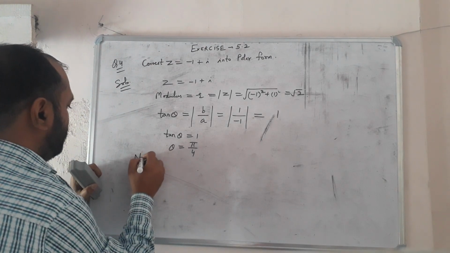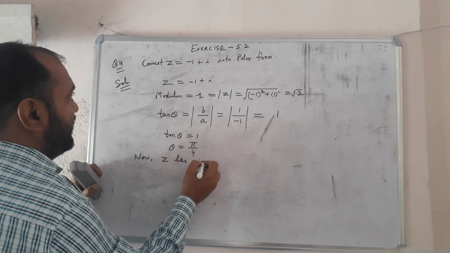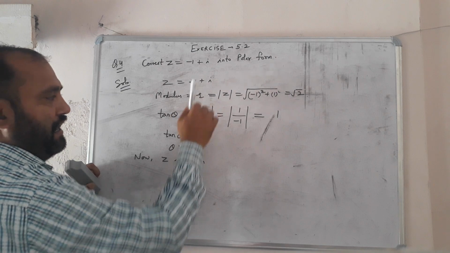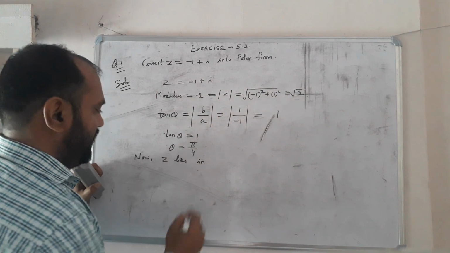Now, in which quadrant does z lie? It lies in negative comma positive, which means it lies in the second quadrant.